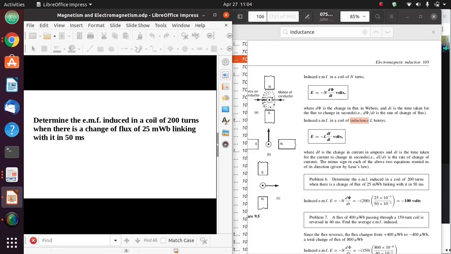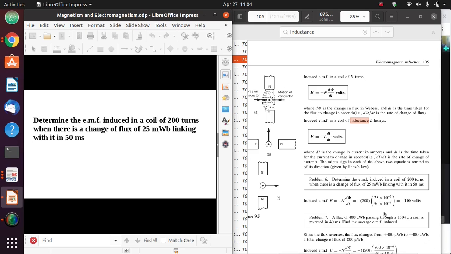The change of flux is 25 milliweber. Please note these units: the change in flux is 25 milliweber, and the change in time is 50 milliseconds. We have been told to find the EMF induced.